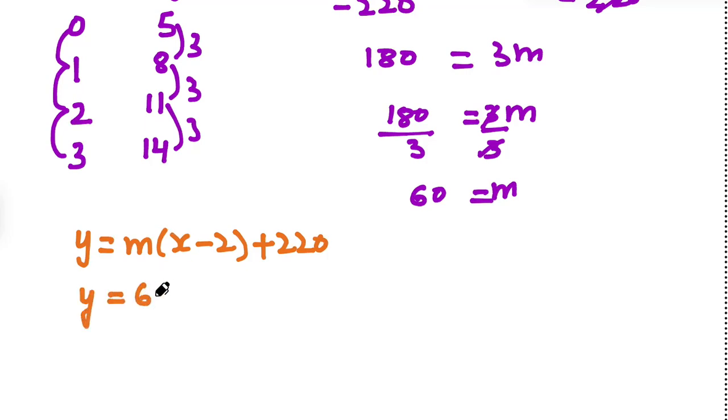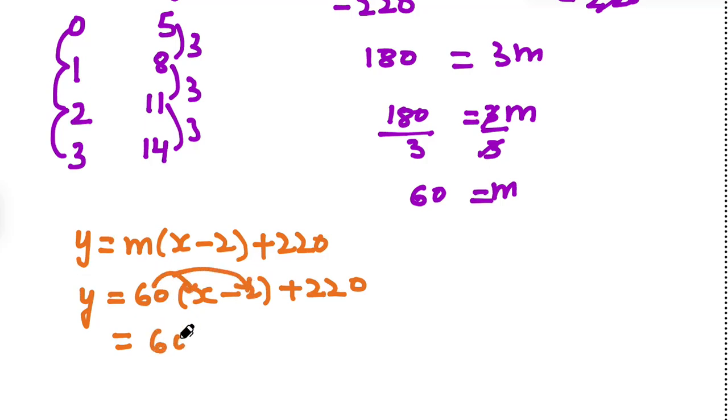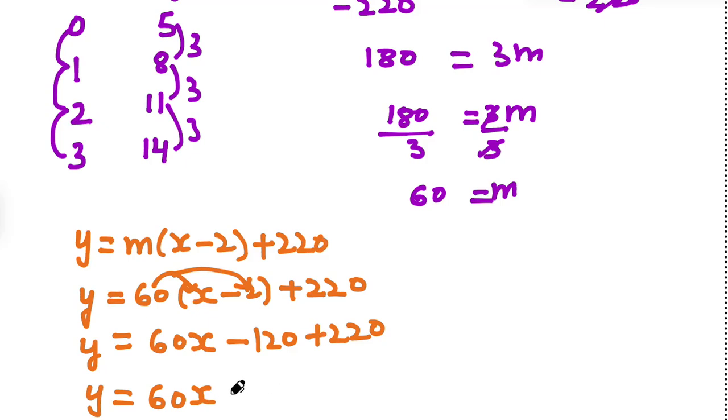So m is 60, x minus 2 plus 220. Okay, apply distributive property, multiply 60 with this as well as with this. So that is 60x minus 120 plus 220. So y is equal to 60x minus 120 plus 220, which is plus 100.